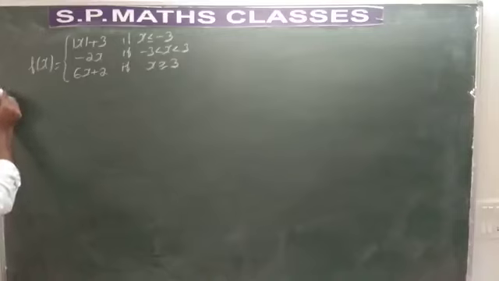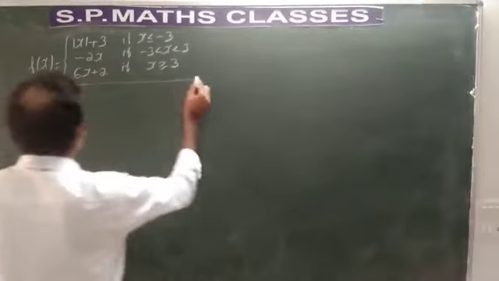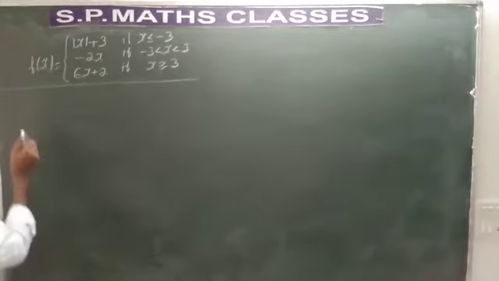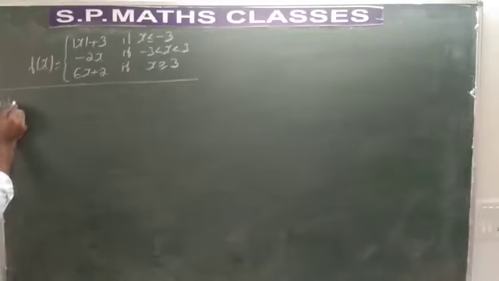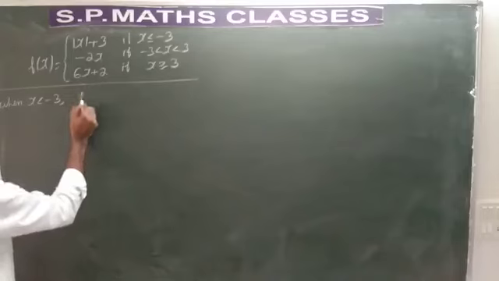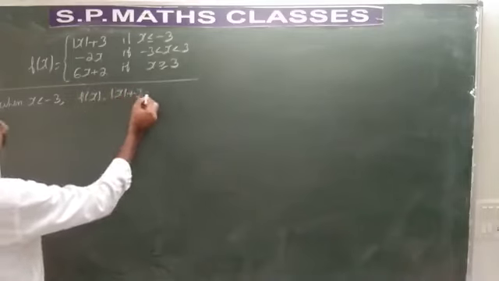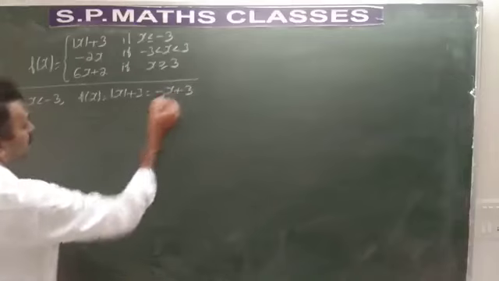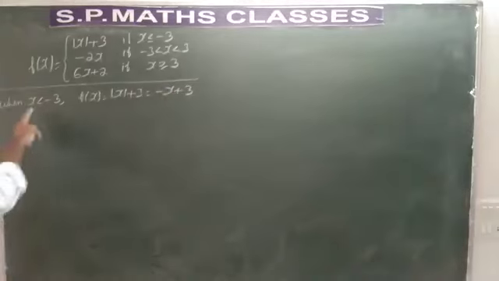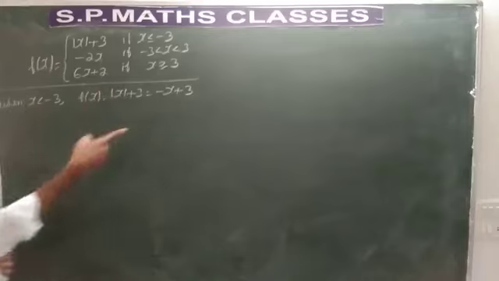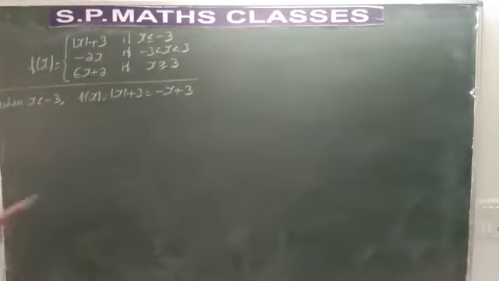You have to find out all the points of discontinuity. When x is less than minus 3, what happens? f of x is equal to mod x plus 3. Mod x is taken as minus x plus 3. You know why? Since x is less than minus 3, I have to take modulus x as minus x.